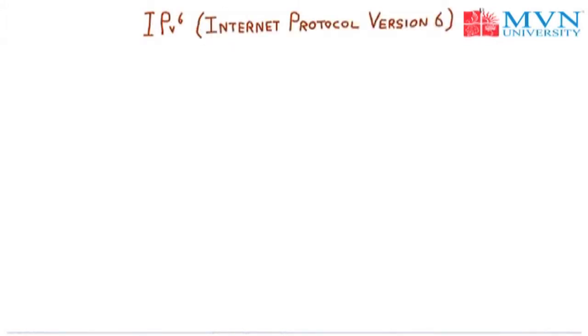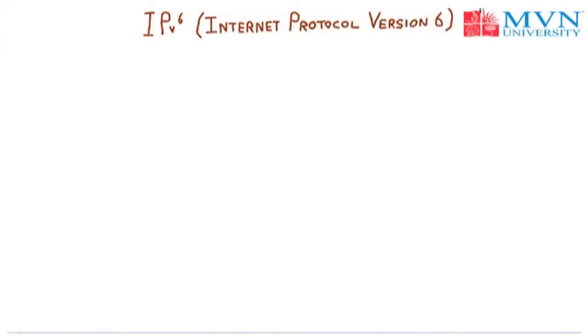Today we will discuss our next topic, that is IPv6 or Internet Protocol version 6. Now IPv6 is the advanced version of IPv4. In 1990, IETF started work on a new version of IP, which would never run out of addresses and would solve a variety of other problems, more flexible and efficient.